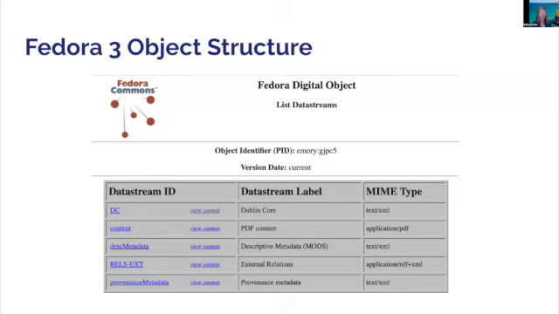And then we also have richer descriptive metadata stored in a MODS XML file. And then we have preservation metadata, which is essentially a PREMIS metadata file stored in this provenance metadata datastream. And then you can also see the object identifier toward the top of the screen, and that's an ARK value prefixed with Emory.